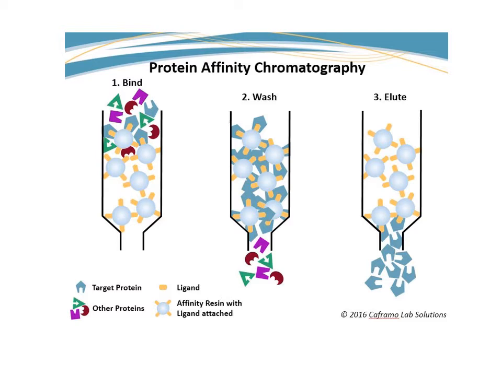The idea is that most of the proteins will ignore the matrix with the bound ligand because they don't bind to it. But the protein of interest does bind, and therefore the other proteins can be washed through by just putting more and more buffer through. The proteins of interest stay stuck. And then by changing the conditions, we can elute or take away the protein that we want. In our case, it's going to be IgG.